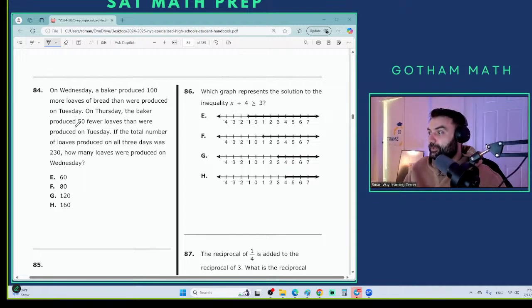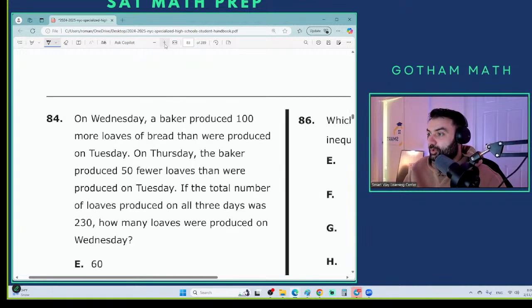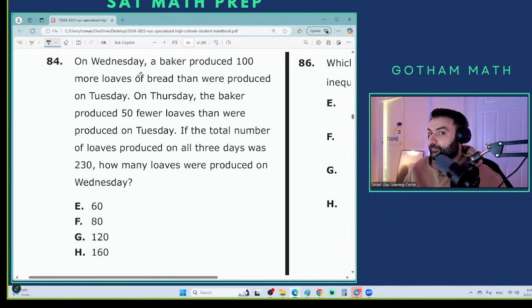On Thursday, the baker produced 50 fewer loaves than were produced on Tuesday. If the total number of loaves produced on all 3 days was 230, how many loaves were produced on Wednesday?